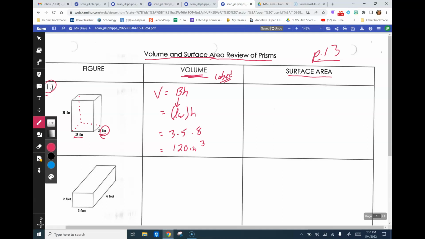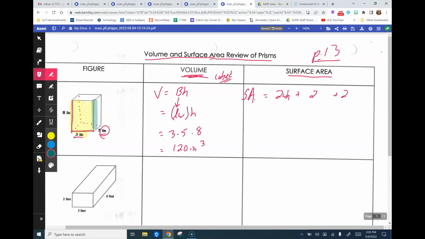So if we were coloring it, we would find the area of this rectangle, and there's 2 of those. So surface area is equal to 2 because we have the front and the back, and then we have the 2 sides, and then we have the top and the bottom, so we have 2 of everything. So if I look at this front, that would be a width, and this would be a height.